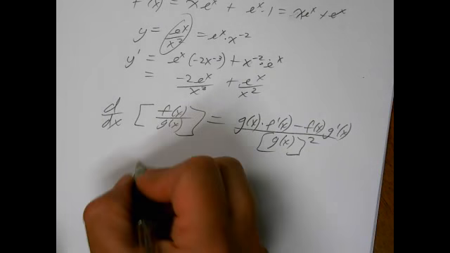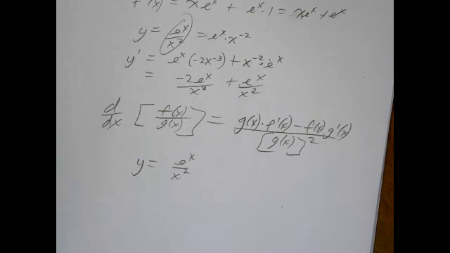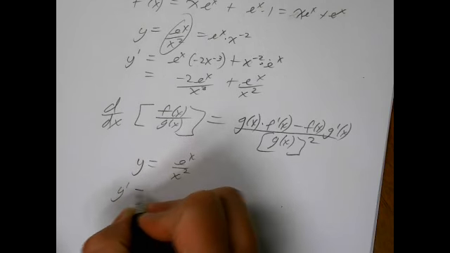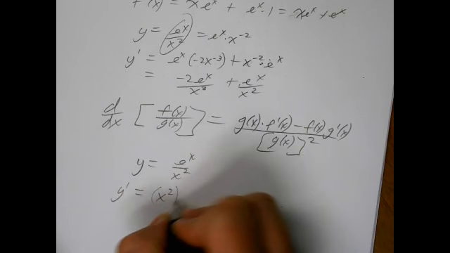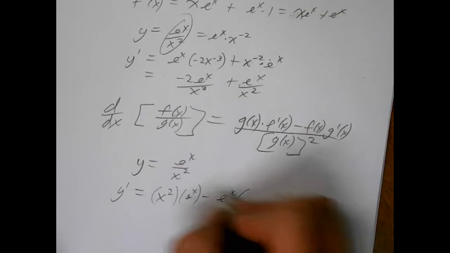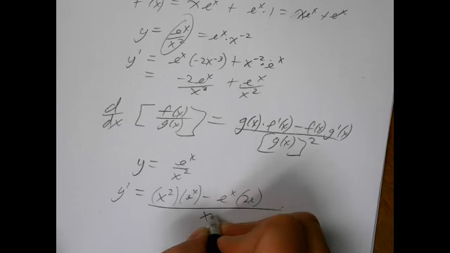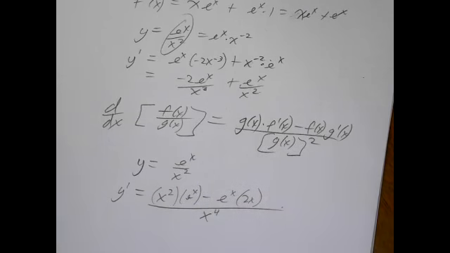So if we again had e to the x over an x squared, would we get the same answer if we used the quotient rule instead of rewriting it and forcing it to work with the product rule? Of course we would. Y prime: bottom is x squared. Derivative of top is e to the x. Minus top, which is e to the x. Derivative of bottom is a 2x. The bottom squared is an x to the fourth, because x squared squared is a fourth power.